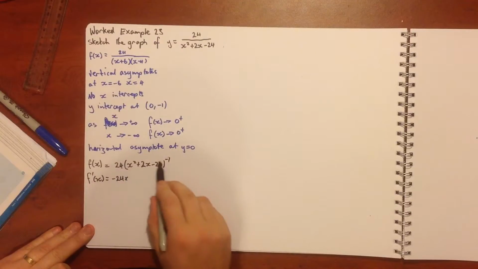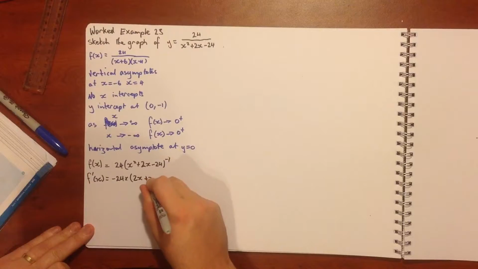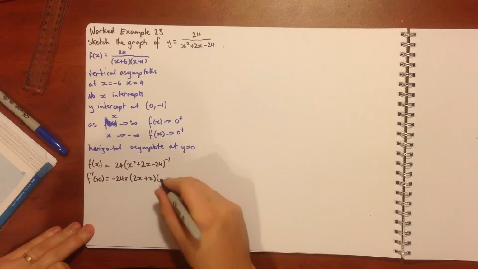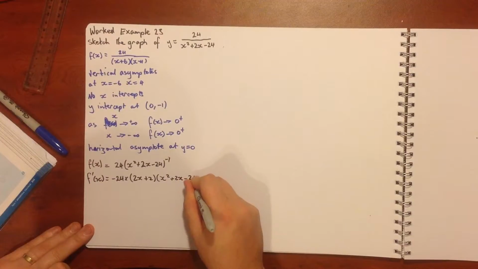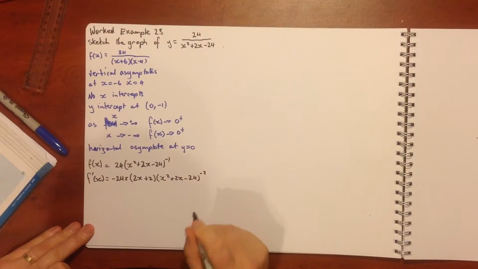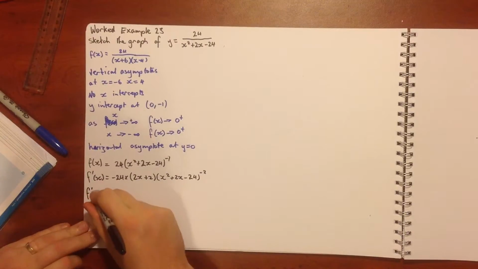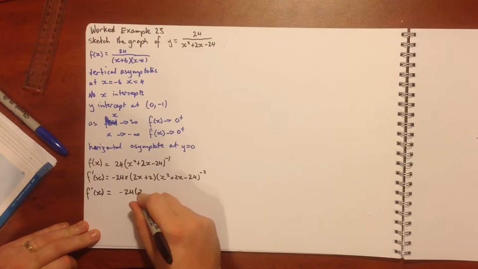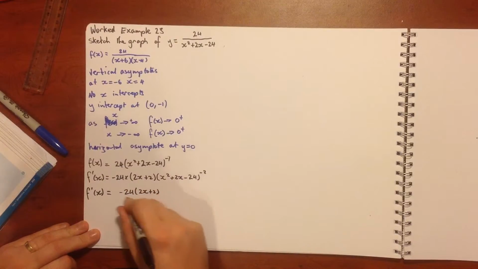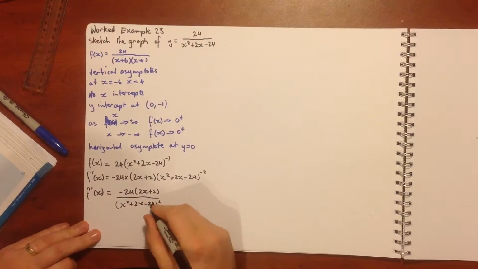We times that by the derivative of what's inside, which is 2x plus 2, and that gets multiplied by x squared plus 2x take 24 to the power of negative 2. So f dash of x is now going to equal negative 24 outside of 2x plus 2, over x squared plus 2x take 24, all squared.